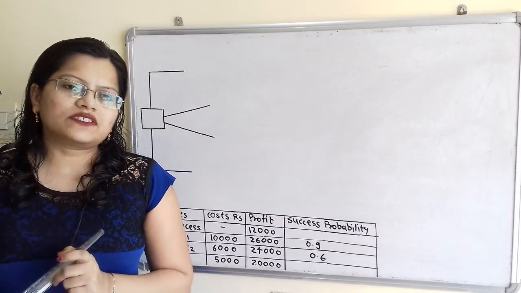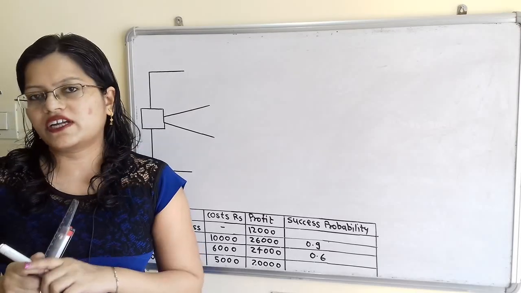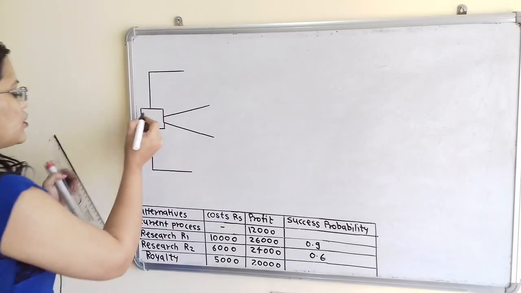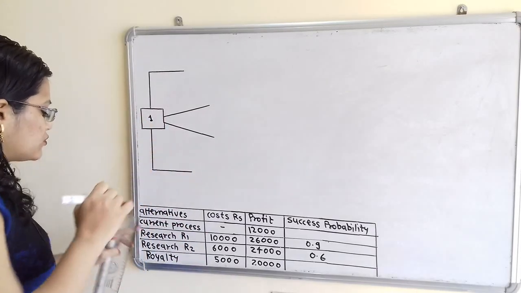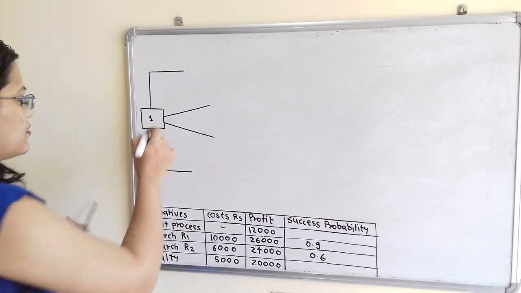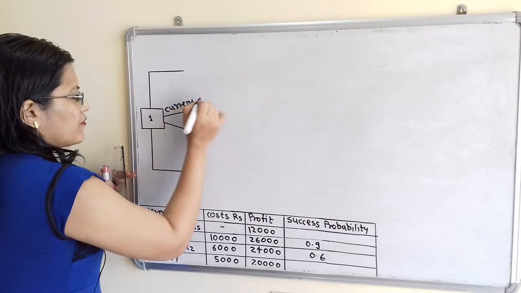So what is the first decision? For the first decision, there are 4 alternatives available. So we will mention here the decision node, that is number 1. We will write here the current process, that will be one decision.